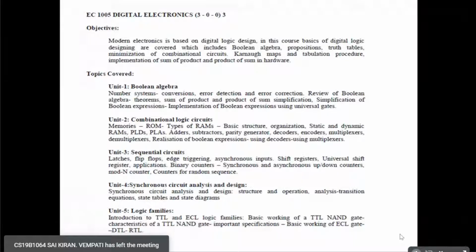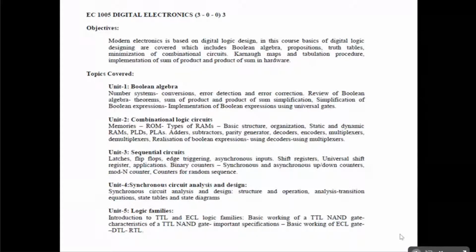So in order to go to 6, the counter needs its previous count number, that is 5. So this is also an example for sequential circuit. In this, 3 different counters are available: synchronous counter, asynchronous counter, and modulo counter.